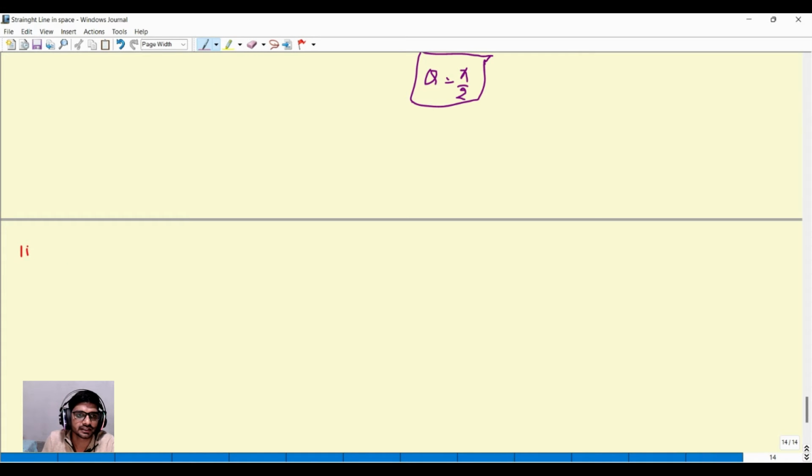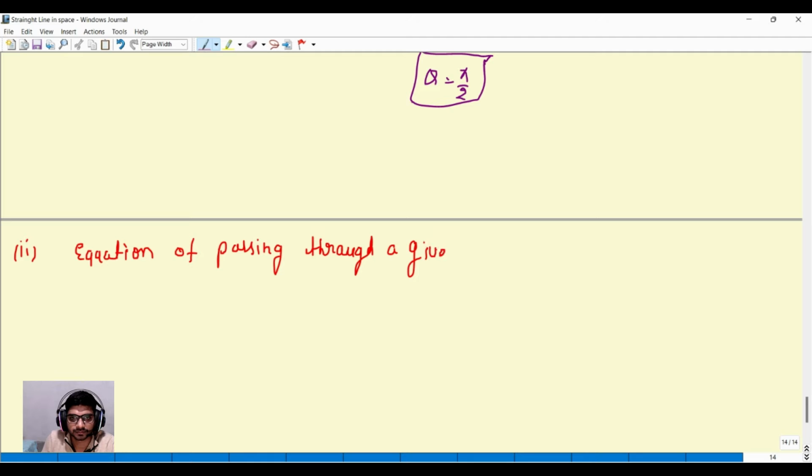Finding the equation of a line passing through a given point and parallel to a line.